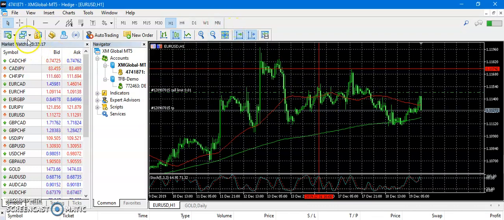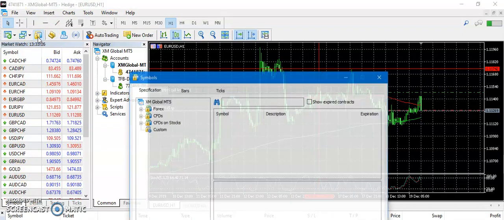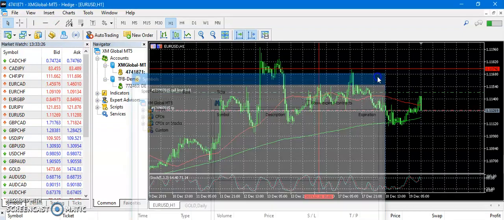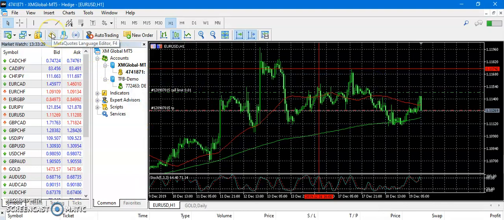That's for time frame. And then you have the symbol list, which is this place. You can actually remove it if you don't want. You can add to it if you want. And then you have the MetaEditor, and this is used by those who do programming. It's used to program Expert Advisors.